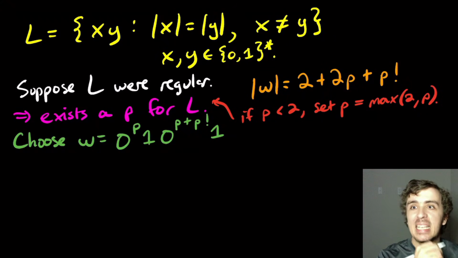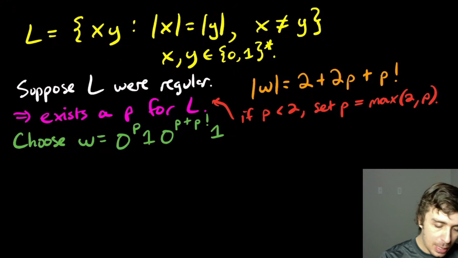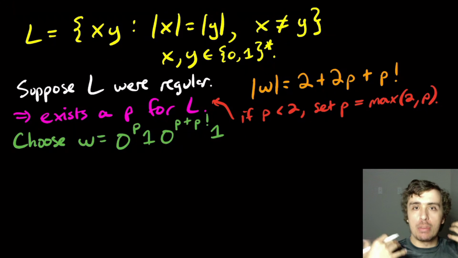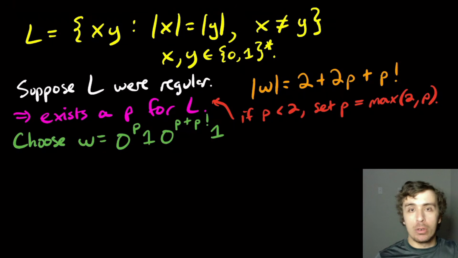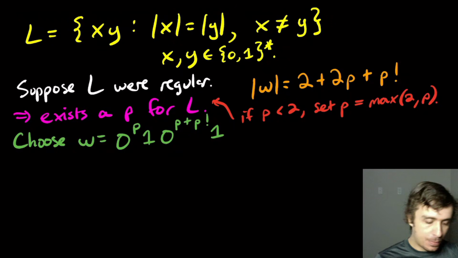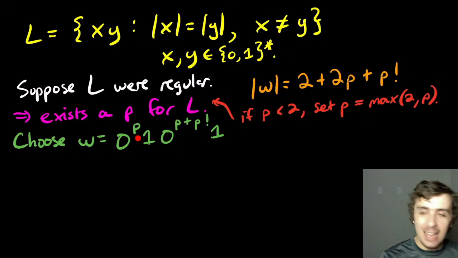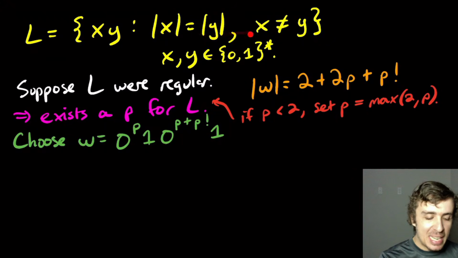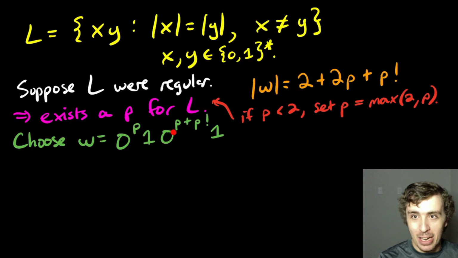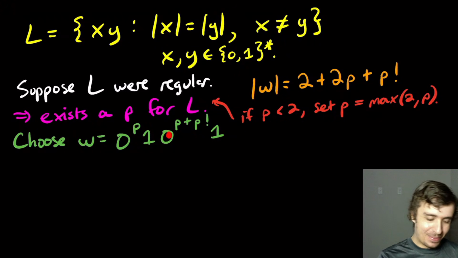We're allowed to do that because as long as we pick a string that's long enough and arrive at a contradiction, we're okay. Here, this string is definitely length at least p. In fact, it's way more than that. But it's in the language because it's even, and the two halves are definitely not equal to each other.